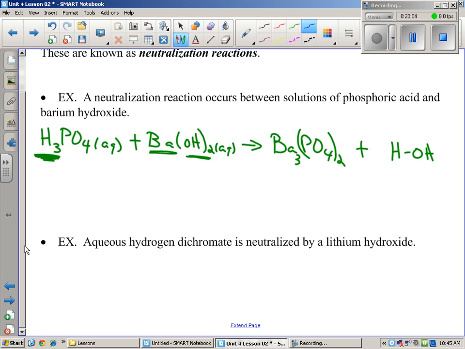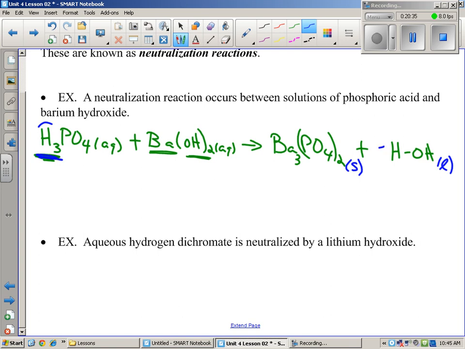So, states, once again, as always, we're going to look these up. Water, by the way, you don't have to look up. That's a liquid. That's a solid. We just did that one on the last question. Barium phosphate. Phosphate across the top, barium's in the bottom. Solid. So, where are we going to start here? Well, let's see. 3 hydrogens, 3 H pluses right here, so I probably should put a 3 right here.